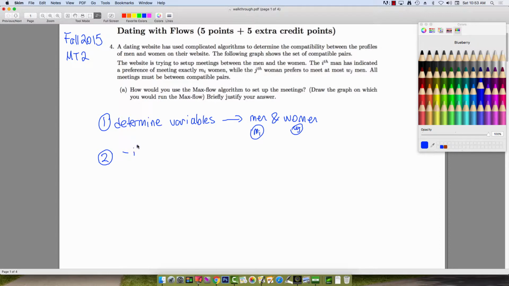The ith man is interested in mi many women, and the jth woman prefers to meet with at most this many men. We're going to talk about the importance of one man wanting exactly a certain number of women and one woman wanting at most a certain number of men, in the context of how that works with MaxFlow. But first, let's visualize a simple case.